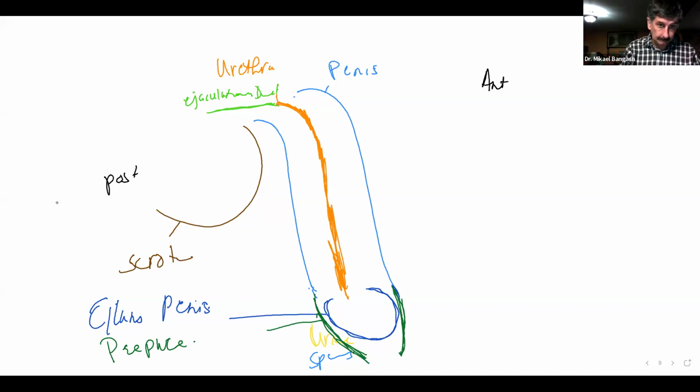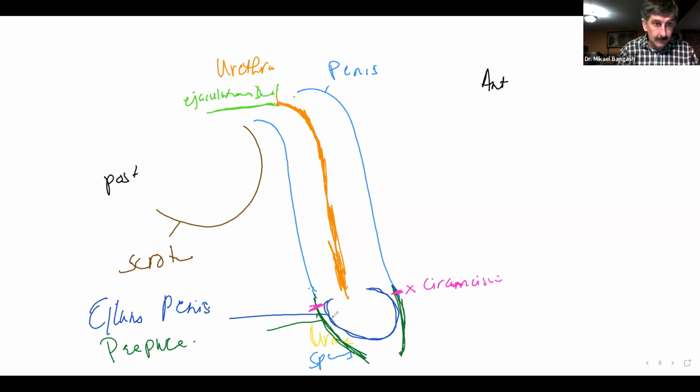That's what may be removed during what we call circumcision. So the thing that happens during circumcision is that the prepuce is cut off. And yes, there may be some reasons for that.